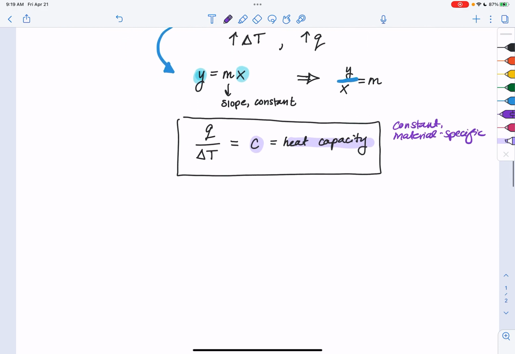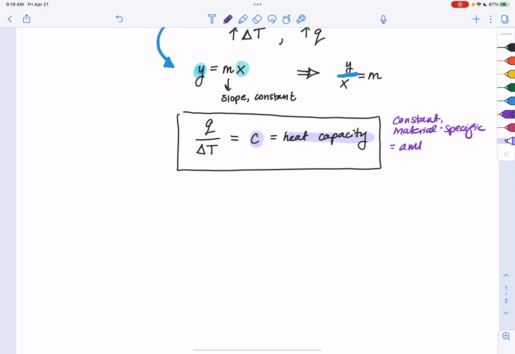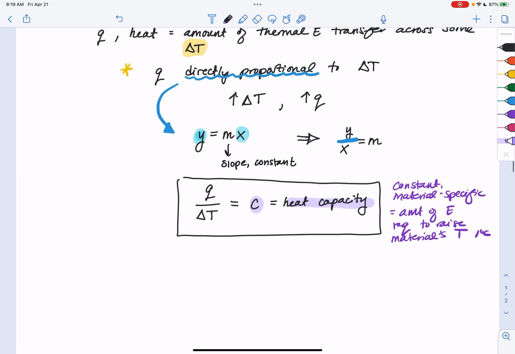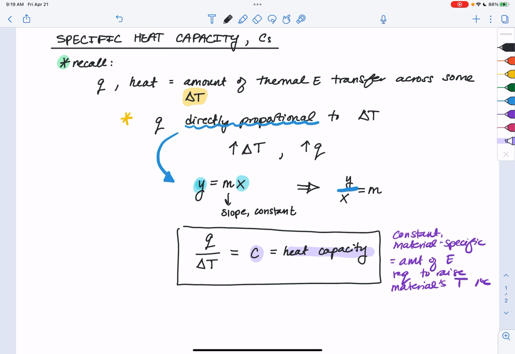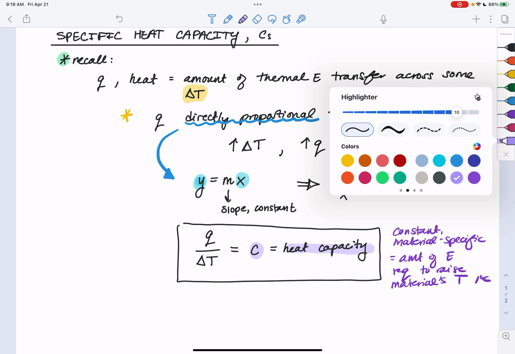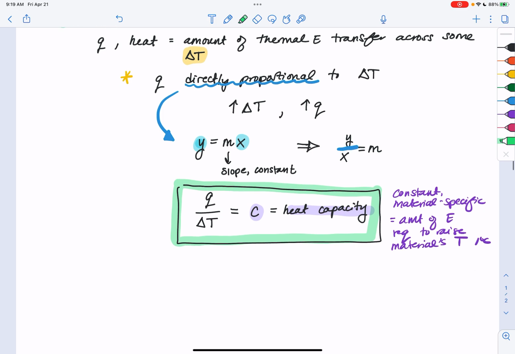And remember, the definition of heat capacity is the amount of energy required to raise some material's temperature by 1 degree centigrade. So this is just a little refresher of what we were talking about when it came to heat. This is where we landed on Wednesday from our little recall session.